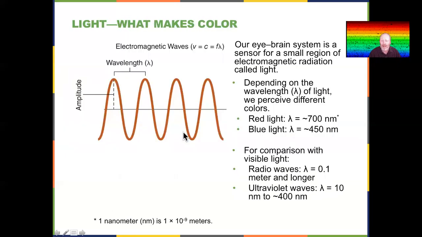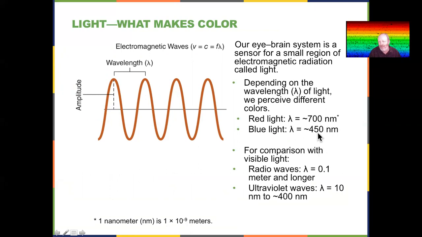But again, light, we have our wavelengths, we have our amplitudes, we have our frequency. When we're talking about the colors of light, whether it's red, orange, yellow, green, blue, indigo, or violet, or beyond the red, infrared, or beyond the violet, ultraviolet, we're talking about wavelength. So notice here, red light is about 700 nanometers, very, very tiny.